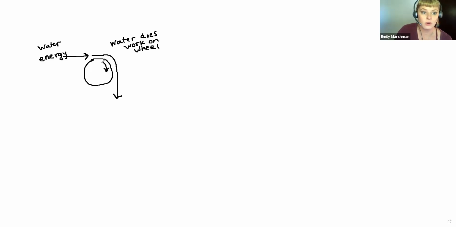The energy from the water is being used, and it's doing work on the water wheel. Therefore, the water wheel gains that energy, because the water is now doing work on the water wheel, and the water wheel gains energy because it's now moving and spinning.